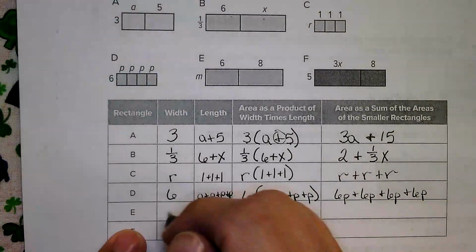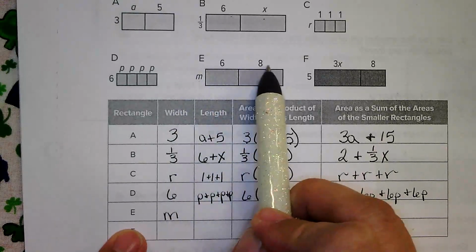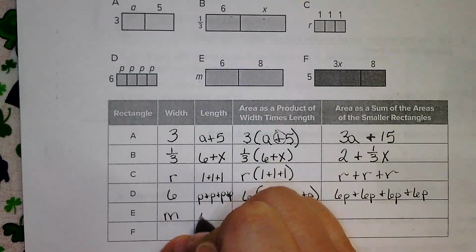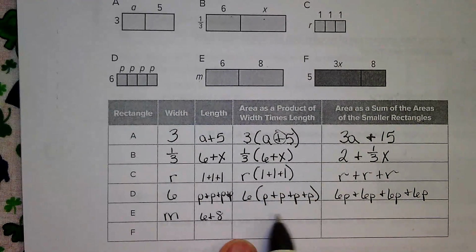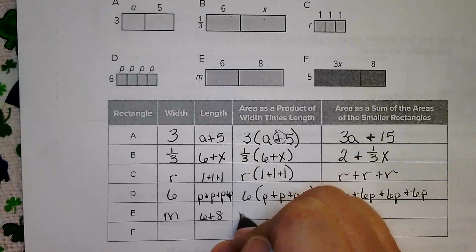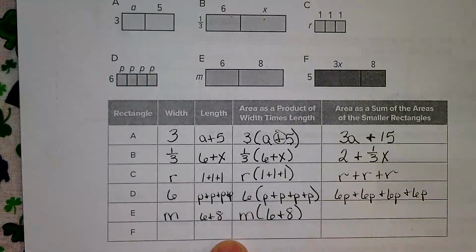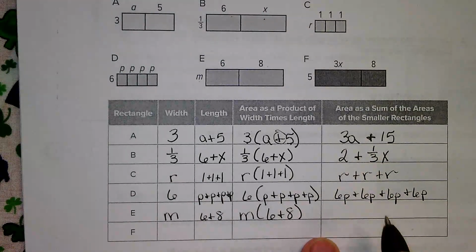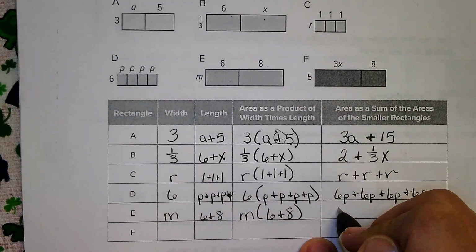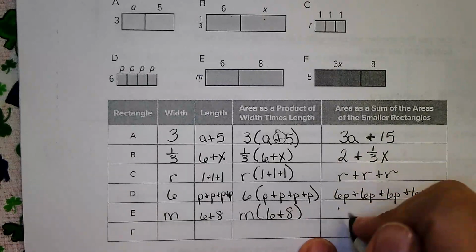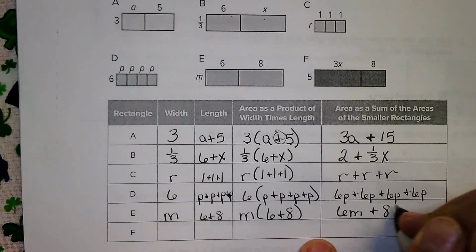For E, we have M on the outside, 6 plus 8 on the inside. When I write it as an expression, I have M, opening parentheses, 6 plus 8. Over here, I would have, remember your number comes first, so 6M plus 8M.